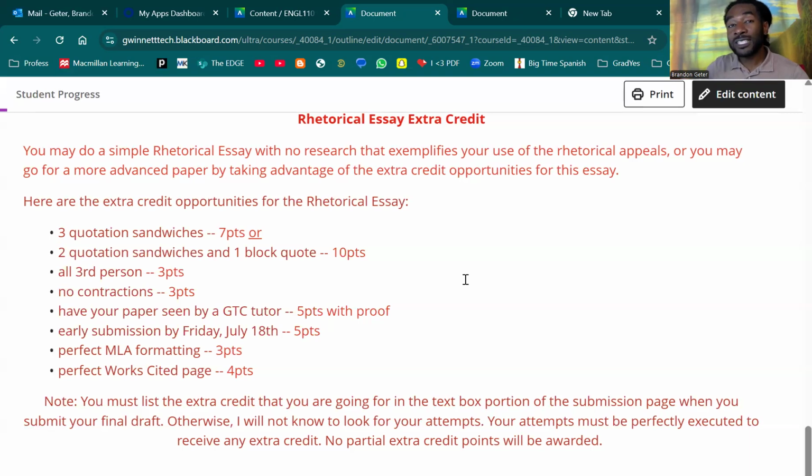If you put that you did no contractions in your paper, and I see can't, and I see won't, and I see wouldn't, 2 points come off for each one, because these things now become no-nos, because you told me that you didn't do it. So I'm looking for your execution in the thing that you said that you were going to execute.